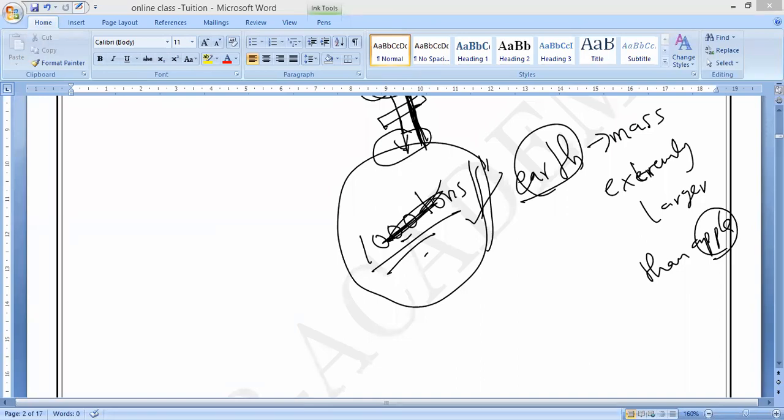every object in this universe attracts every other object with a certain force.